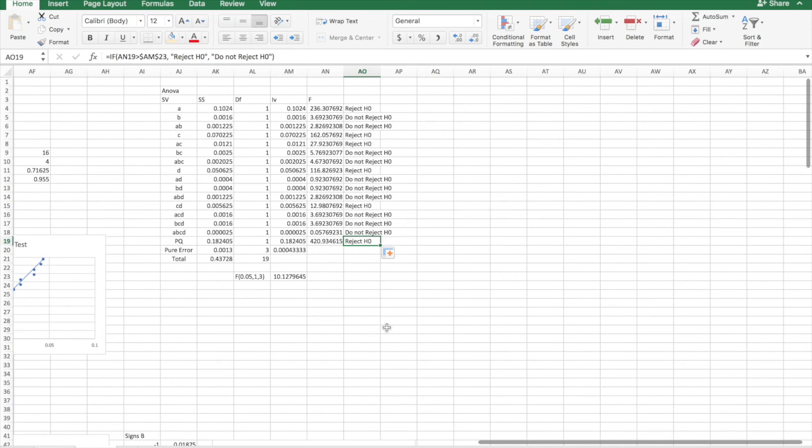And the last thing I want to comment is that we obtained the same answers as previously, reject A, reject C, AC, and D. And something interesting happened with CD, which now appears that we have to reject it with the new data. So with the new data, C and D also have an interaction, and that also has to be considered in the new regression model. And with this, we're done.